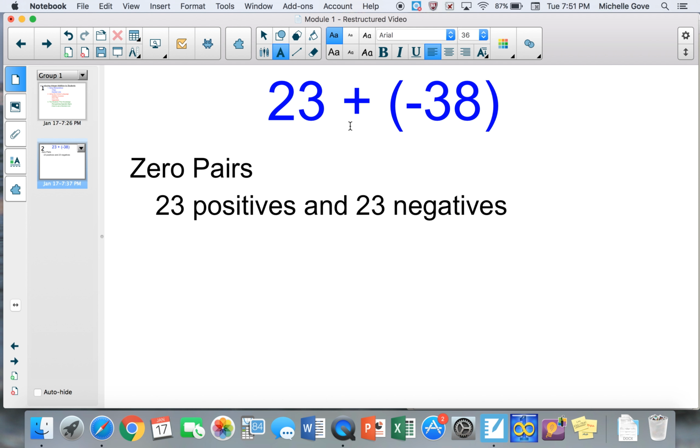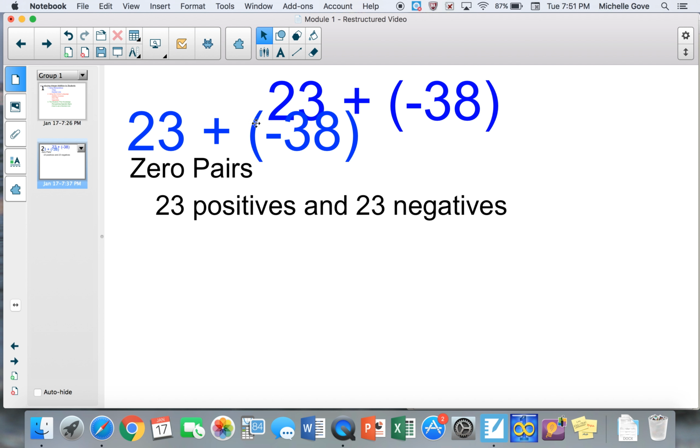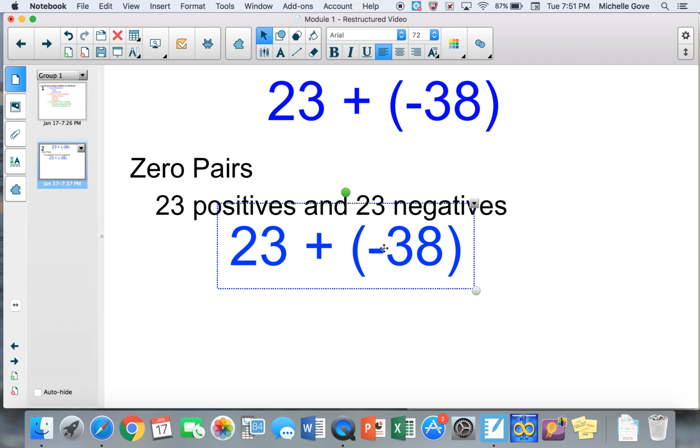So what I would have the students do is we would take this and rewrite it. But let's break up the negative 38. So instead of negative 38, we know it's negative 23 and it's negative 15.